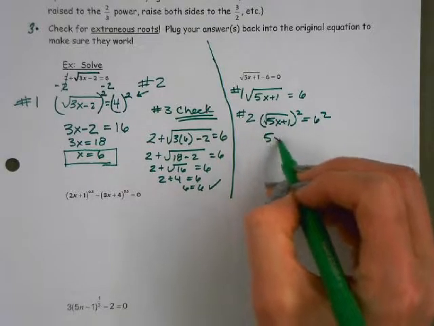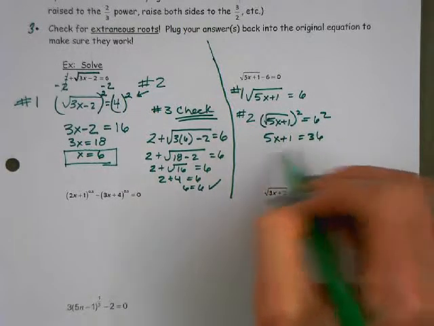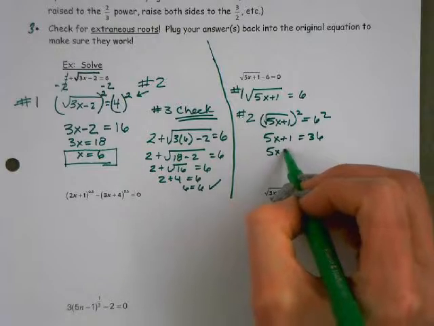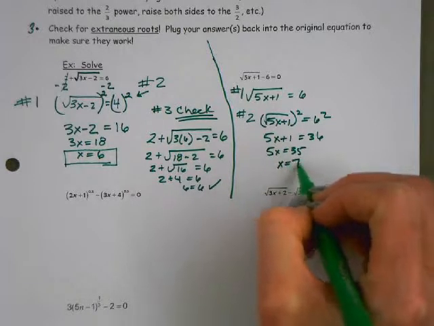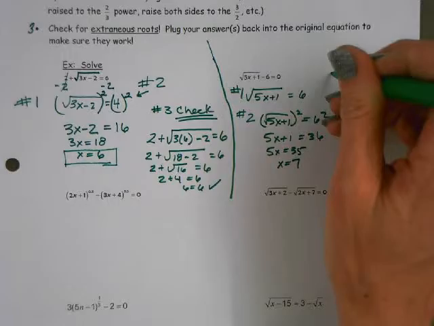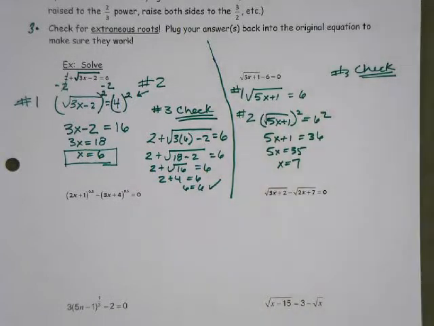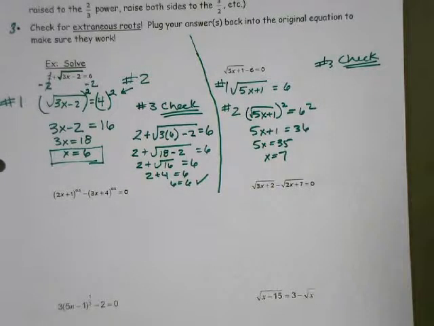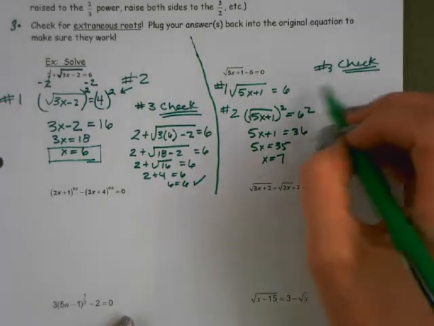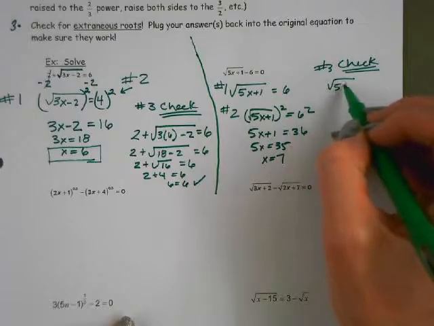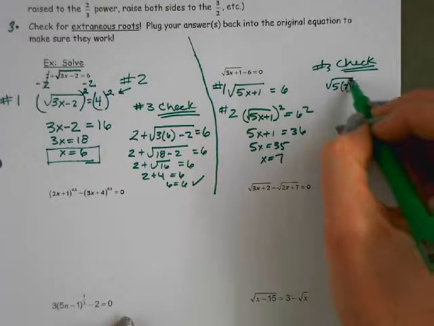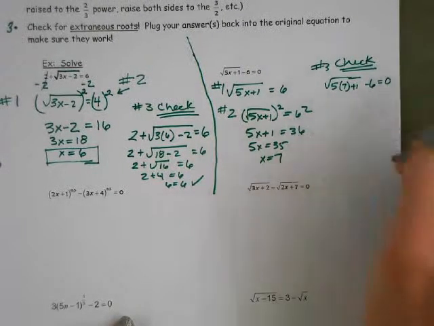Okay, so that becomes 5x plus 1 equals 36. Subtract the 1, so 5x equals 35, and then x equals 7. So number 3 is to check it, and you guys want to make sure you do that in your homework to get full points. Okay, so then I'm going to plug it in, the square root of 5 times 7, plus 1, minus 6 equals 0.